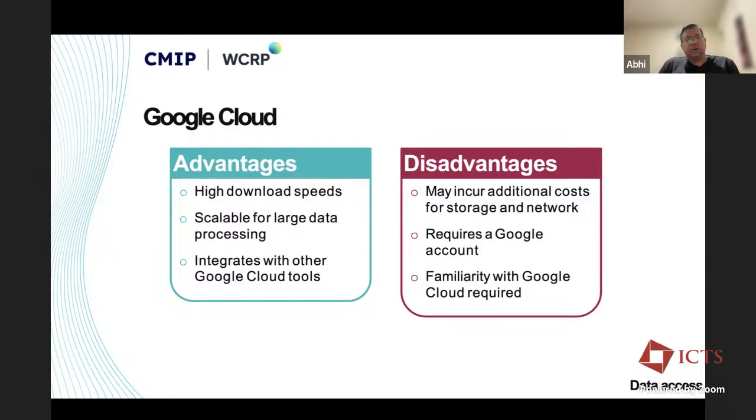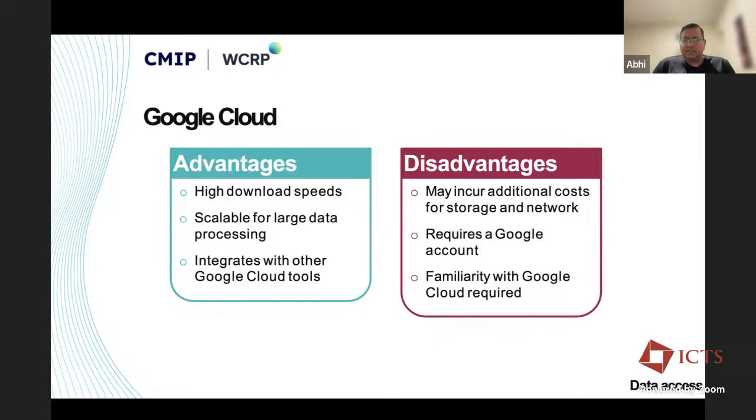The advantage of having data on the cloud is that it just makes things much easier. You can get very high download speeds. You can in principle do analysis on the cloud as well, so it really goes well with scalable data analysis and big data analysis on the cloud.